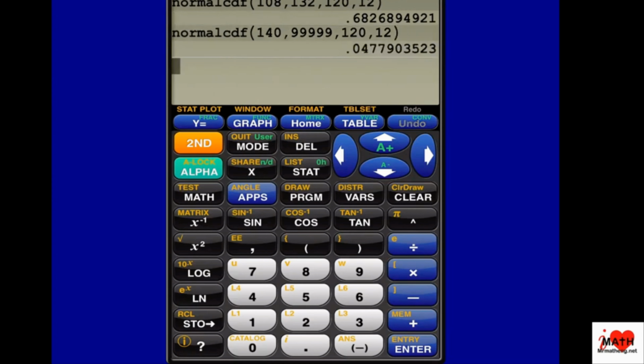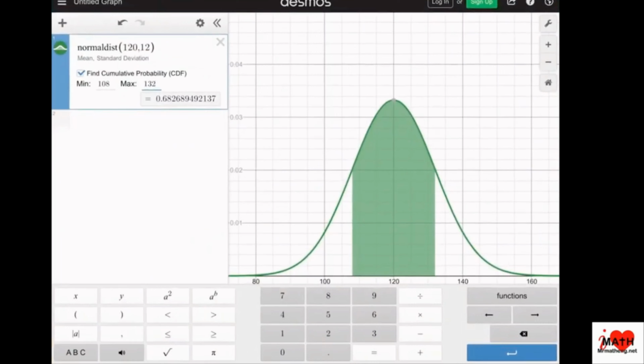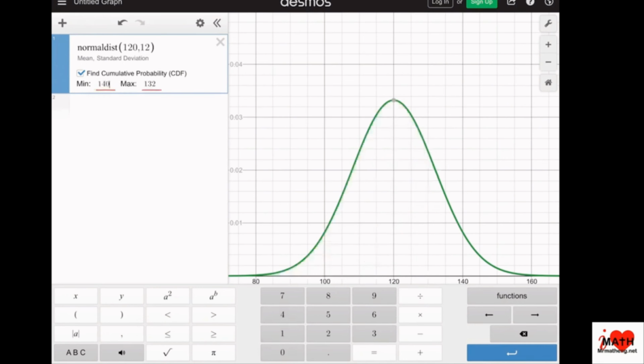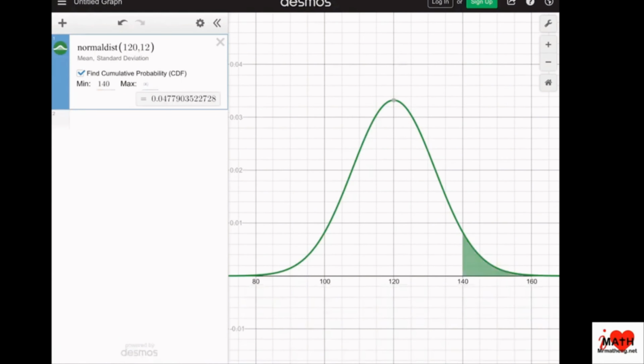Multiply that number by 100 and you get 4.78%, which is 0.0478. Let's try that over here. The numbers are already in there, so you can just change these. I'll put in 140. Now if you delete this, what did it put in there?